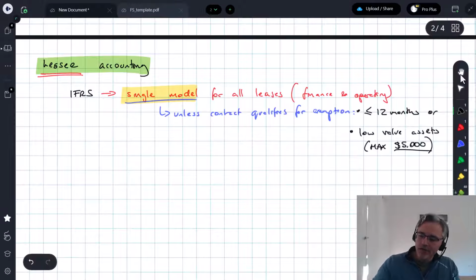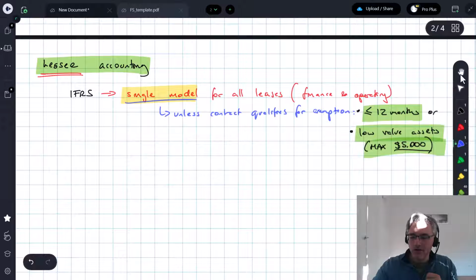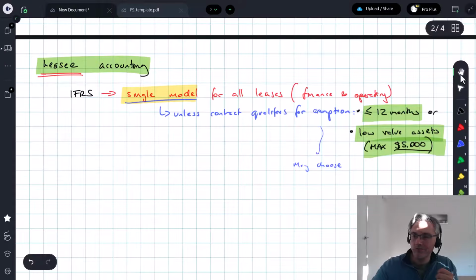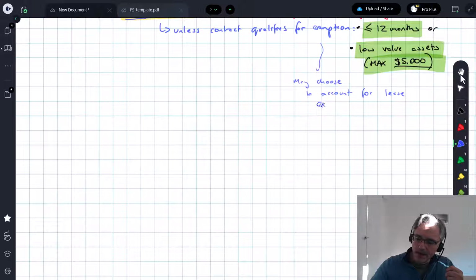If you have an agreement for a maximum of 12 months, or it pertains to a low value asset, then you may choose to follow very simple accounting rules, may choose to account for the lease expense on a straight line basis. And in a moment, I'll show you what that would mean.